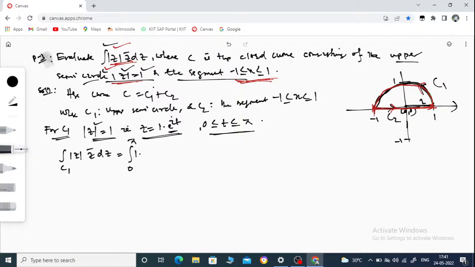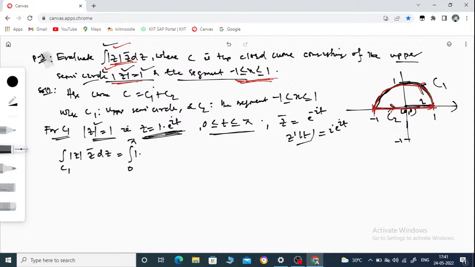And z bar: what is z here? z is e to the power it. So z bar is e to the power minus it, and you know z dash t. If z is this one, then its derivative with respect to t will be i e to the power it.